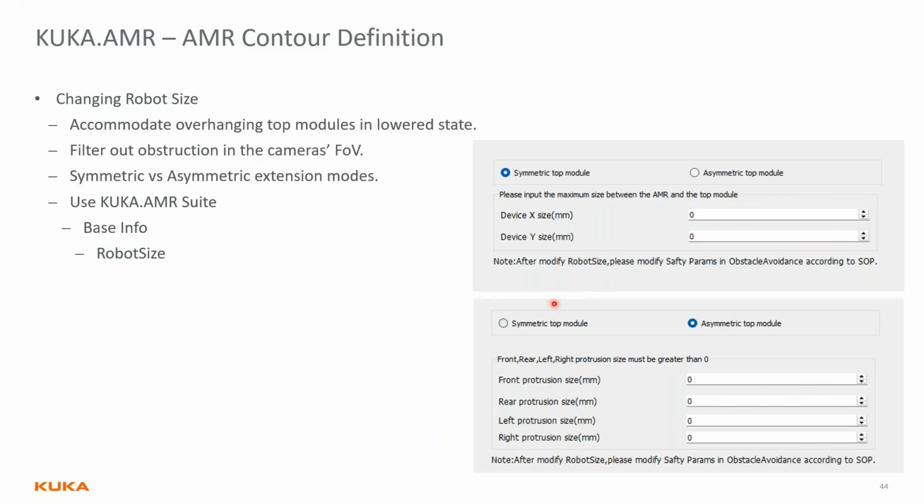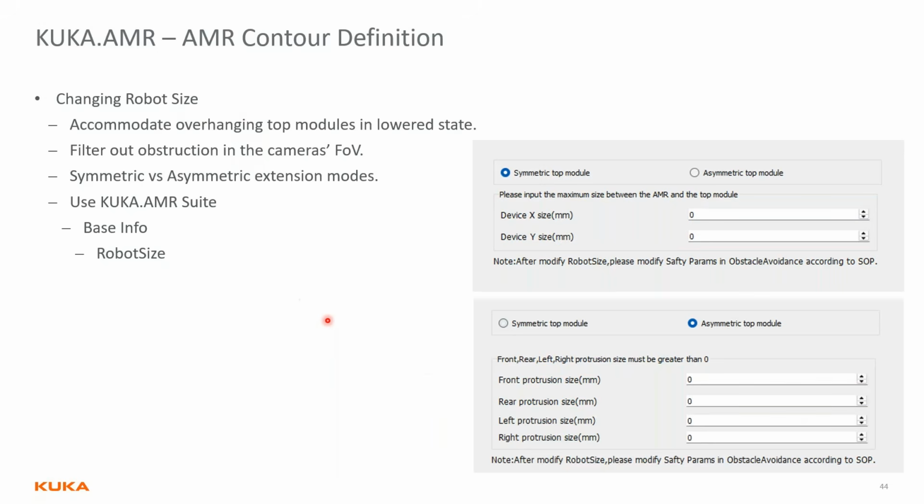Symmetric is when your extension is the same on front and back and left and right, so you have X and Y, and this is where you put your new size. Or, if it doesn't match front to back or left to right, you can do a different extrusion for each side. So you have to specify this.